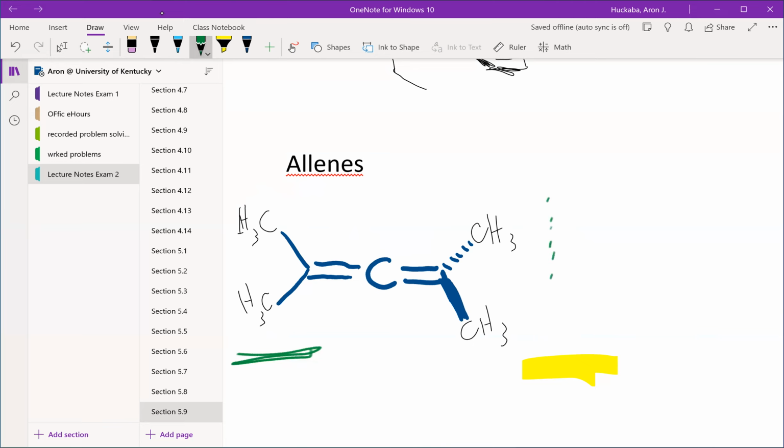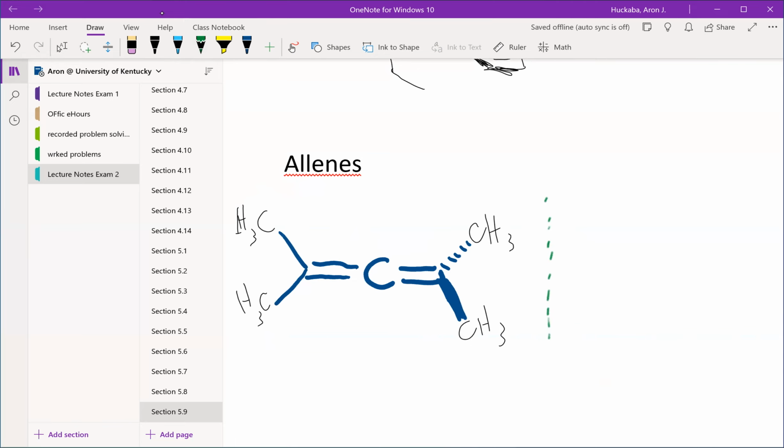There we are. Then what we can do is draw the enantiomer of this allene. So we'll have a carbon with a dash and a wedge. And that's CH3. And that's CH3.